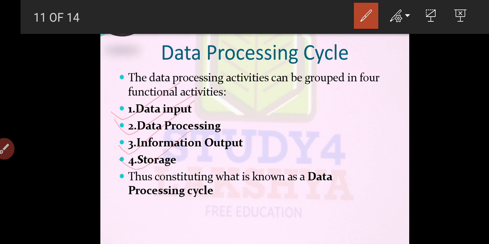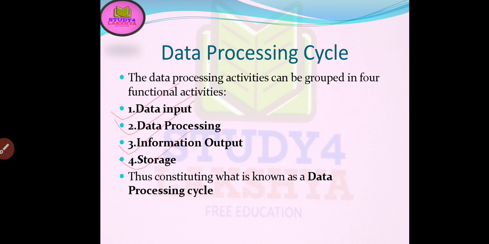If you want to store that information, and drink only after cooling, then you can store it in a refrigerator. Like that, you got the data, you process it, information comes as output, and if you want to store the output, you can store it. Thus this constitutes what is known as the data processing cycle. These four steps are known as the data processing cycle.